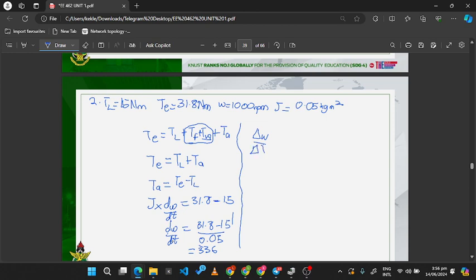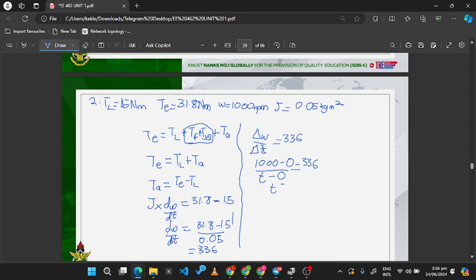So that should be 1000 minus 0 over the final time minus 0 should be equal to 336.